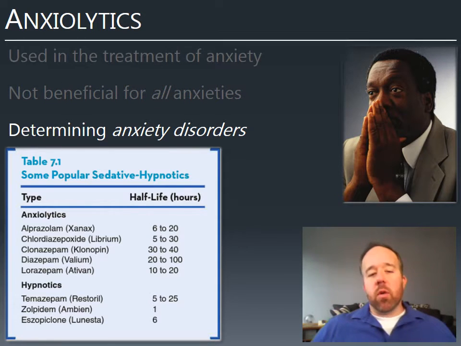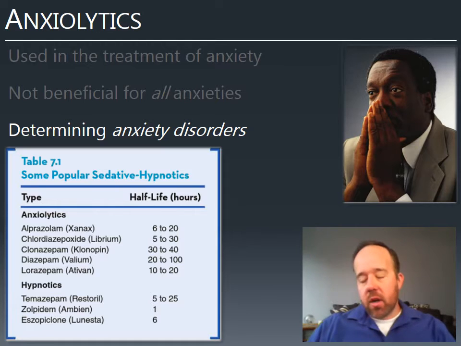One of the questions, of course, is how do we diagnose anxiety disorders? And that's a whole area of psychology that's not really in the scope of this course. But one of the issues is whether someone should be allowed to take a depressant, particularly an anxiolytic, because of short-term stressors, or are people with diagnosable anxiety disorders the only legitimate users of these drugs?